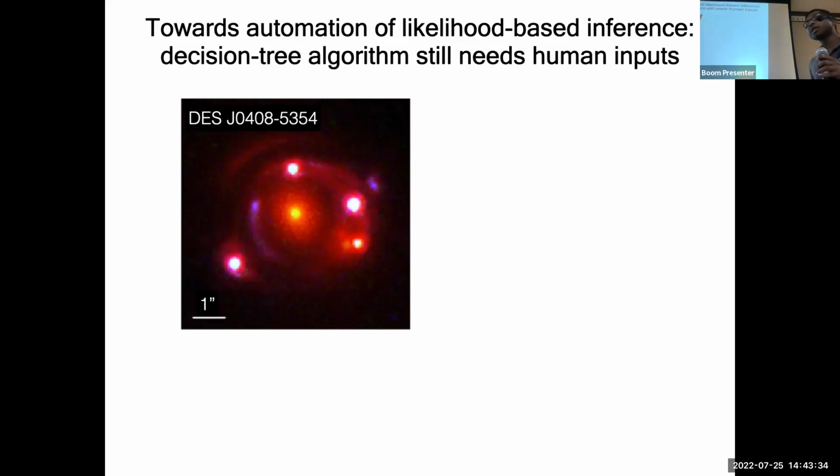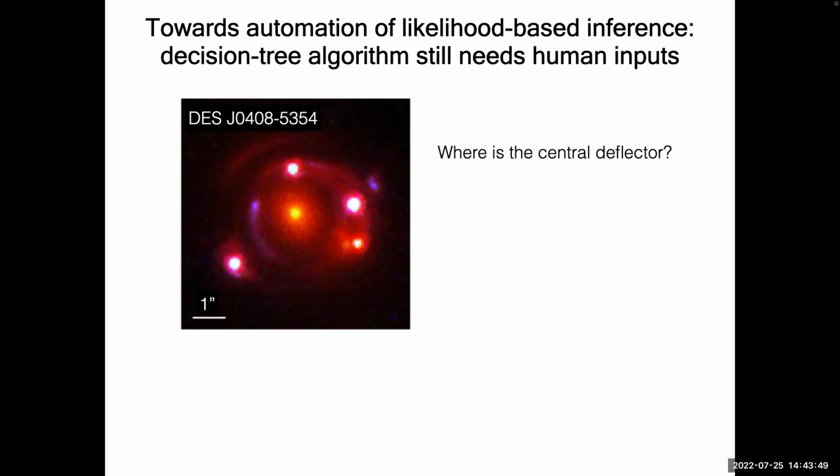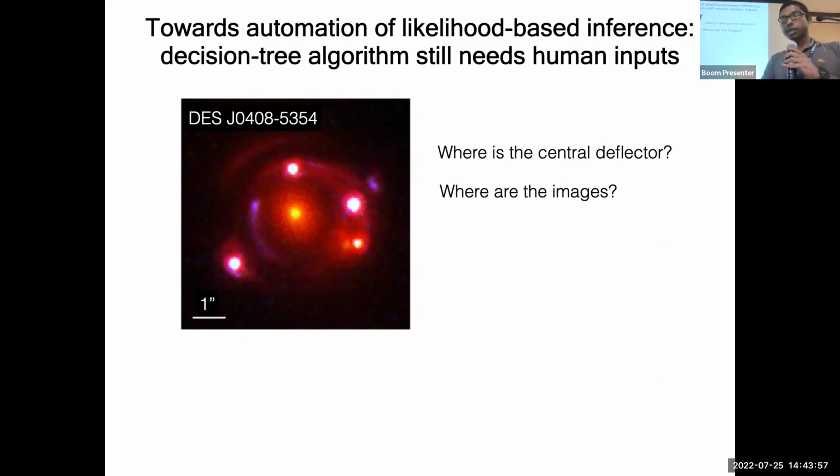But the decision tree still needs some bit of human input. So it's not fully automated. I would say it's semi-automated, because the decision tree still needs some inputs from a human, and the inputs are like this. Given an image, where is the central deflector? Where are the images? For example, here, where are the four lens quasars?